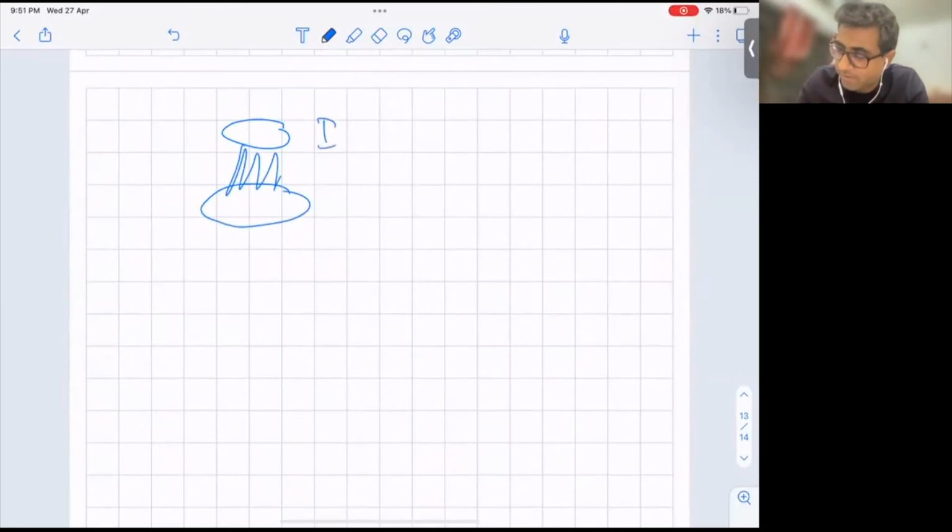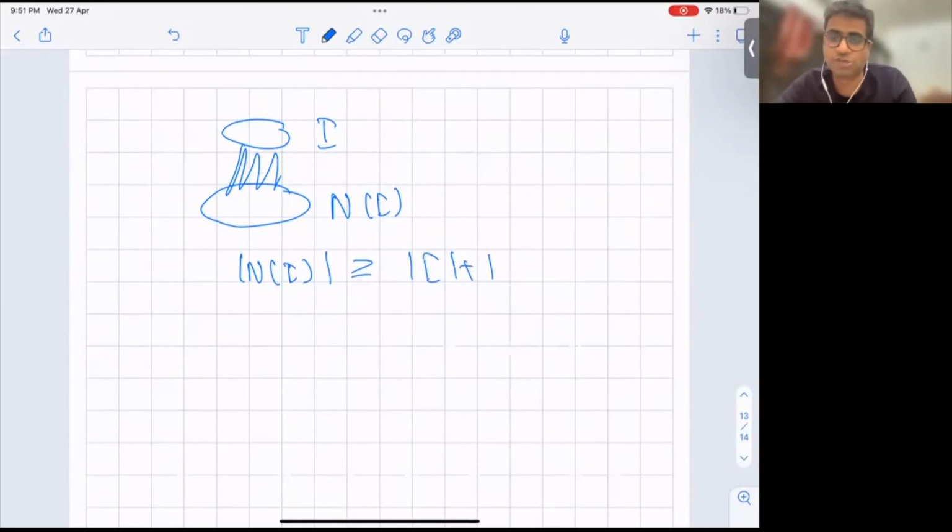For every independent set I, after applying the reduction rule, it was making sure that N of I is greater than or equal to |I| plus 1. We were not able to ensure that it is at least |I| plus 2. I'm just building up for the proper lecture, but at this point of time, all I want to tell you is that these are the features.